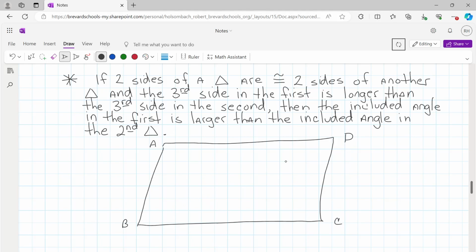We'll put a diagonal through here. Side AB is congruent to side CD.